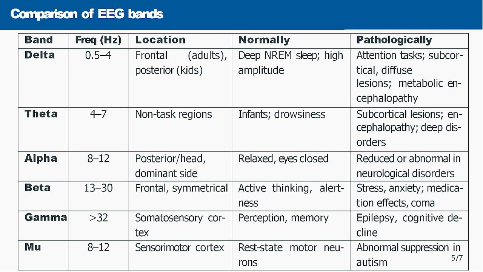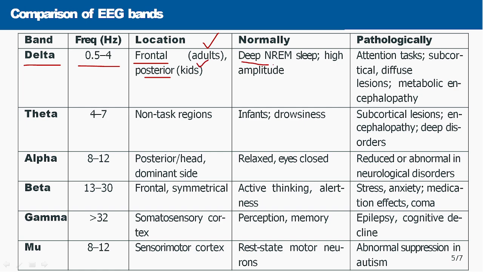Now this is the comparison table of different EEG waves and when they are generated. If it is a delta band, as we have discussed, the frequency starts from almost DC, meaning 0.5 hertz to 4 hertz, and it is generated at the frontal lobes of adults and the posterior position in kids.